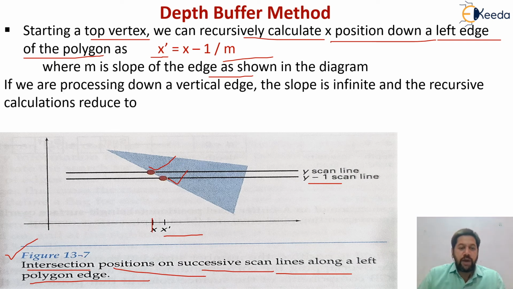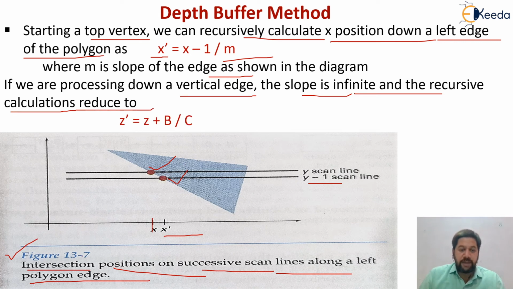If we are processing down a vertical edge, the slope is infinite and the recursive calculation reduces. What is my depth value now?